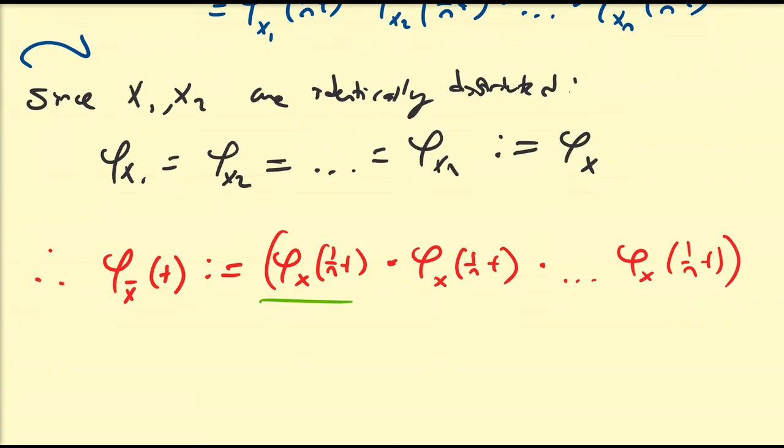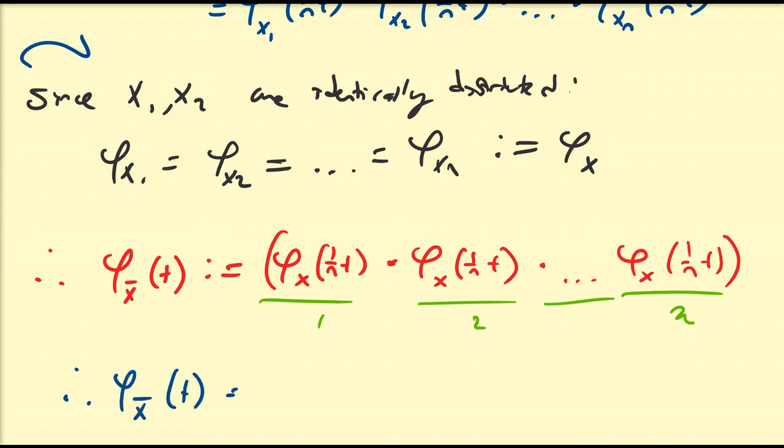So we have n of them. This is the first, this is the second, and this is the nth term, and this is all that's in between. So I have n common factors, so we can just compress this. So phi x bar of t is going to be equal to phi x of 1 over n t, all to the power of n.